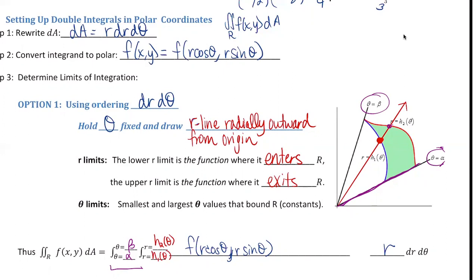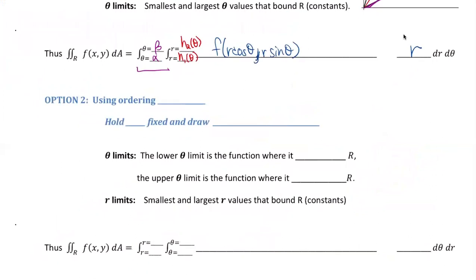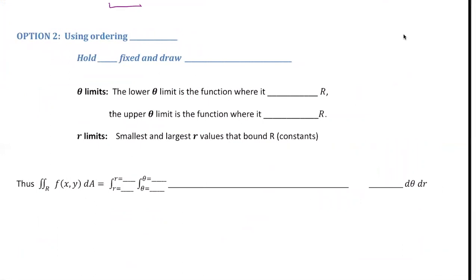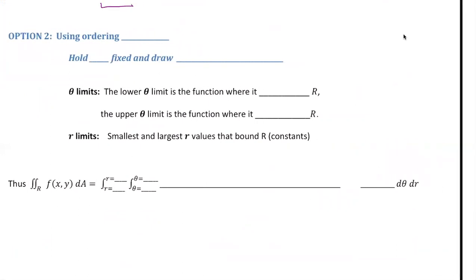We could also go the other way around and do d theta dr. So let's think about what that would look like. Using that ordering, let's actually draw another example here. In this case, I'm just going to draw a little segment where it's kind of easier. Maybe we've got something like this, and maybe we have something like this, and then I'll give us some regions here.